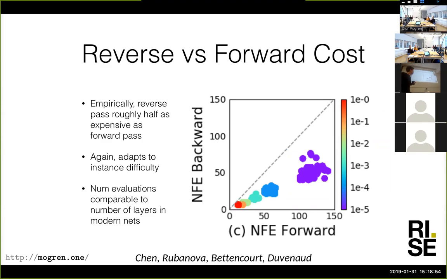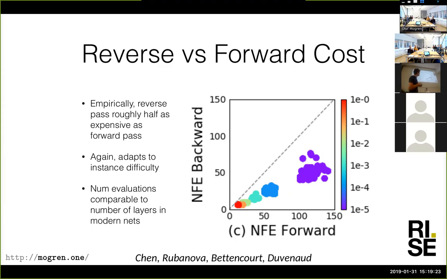They also see that NFE here is the number of function evaluations, and the number of function evaluations during the backprop stage is about half the number of the forward stage. The colors in this plot correspond to the tolerance given to the ODE solver.